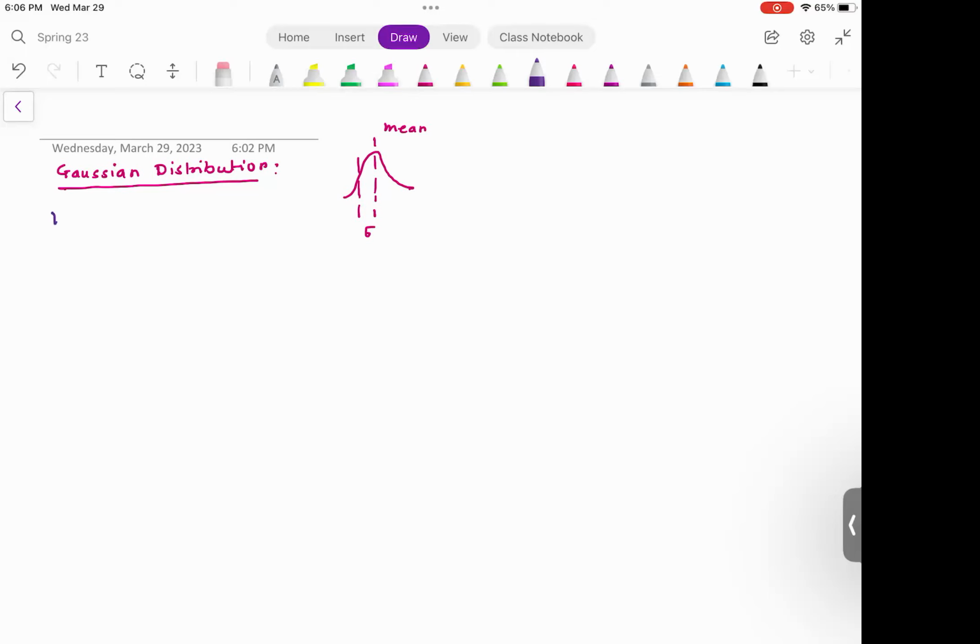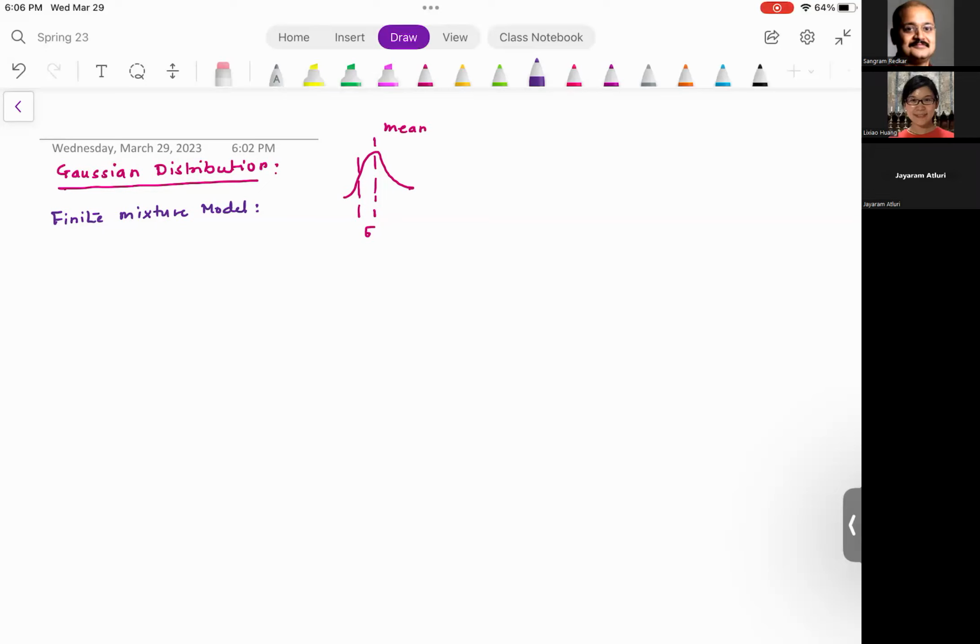So basically, a finite mixture model assumes that one or two types of distributions are present in the data set.